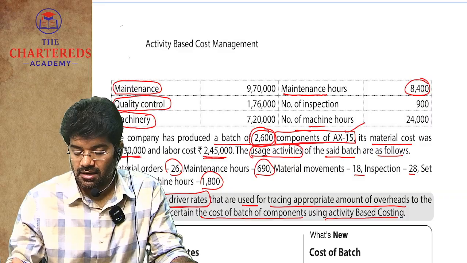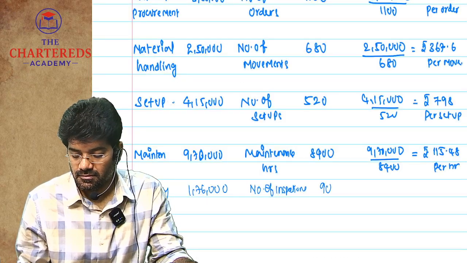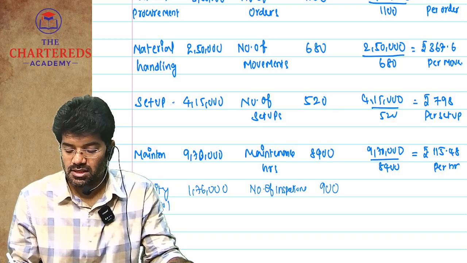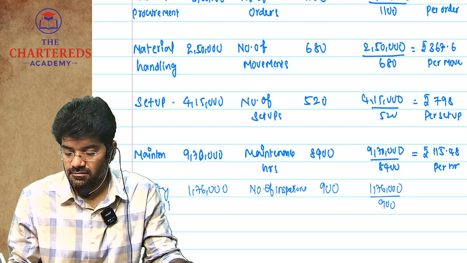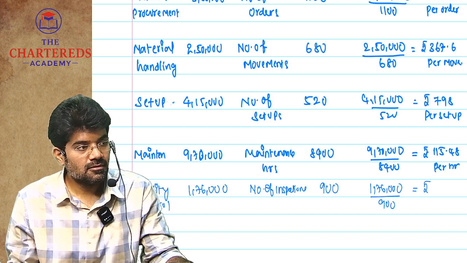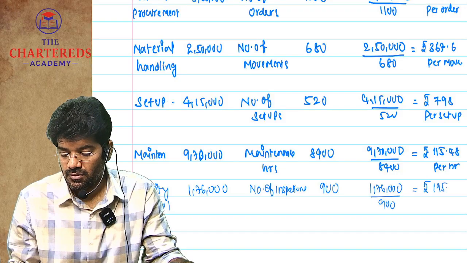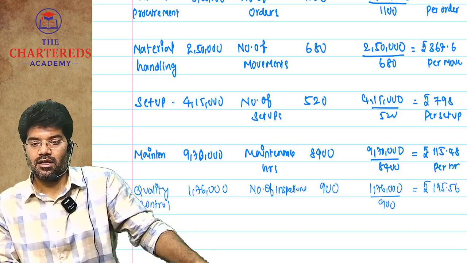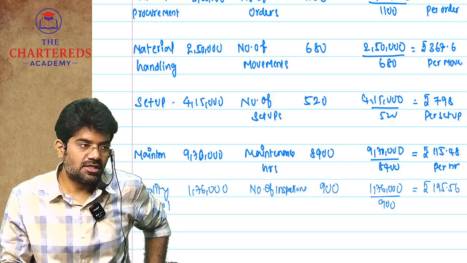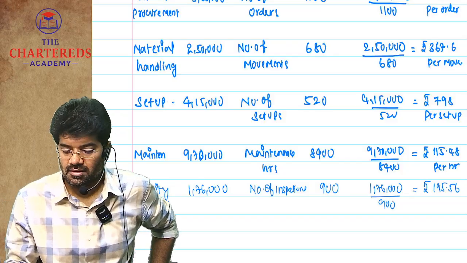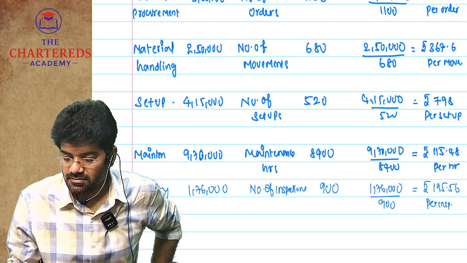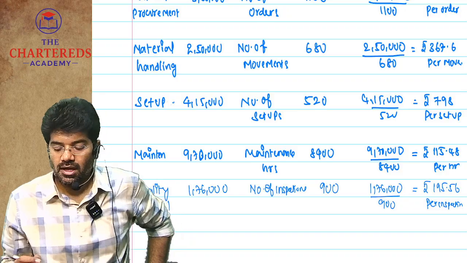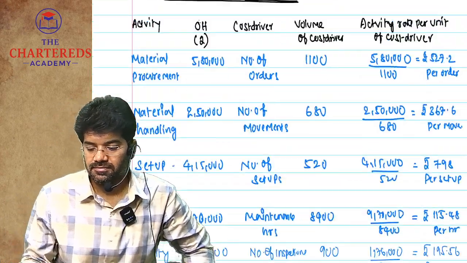Budgeted is 900. 1,76,000 divided by 900. Try to round it off to two digits. So this is per inspection, 195.56 per inspection.